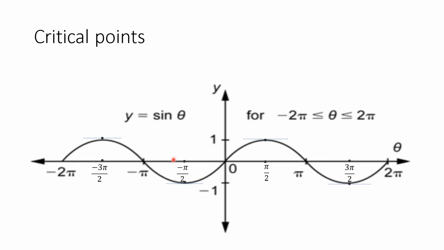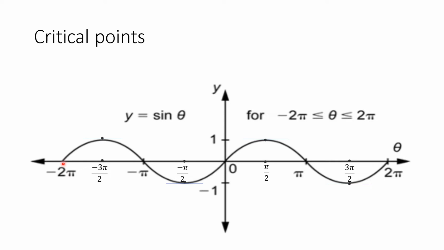Critical points are where the derivative of f of x is 0, that means f dash of x is 0. Derivative 0 means we have a horizontal tangent line. See, let us go from here.